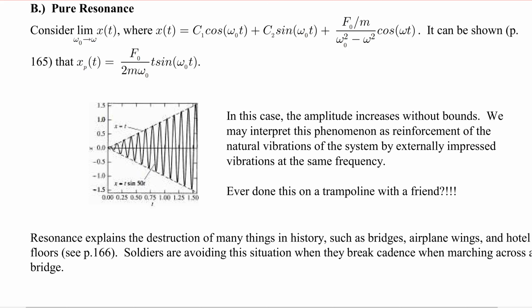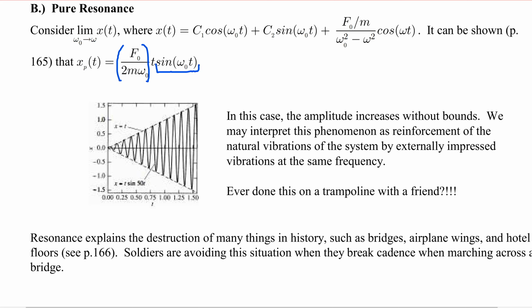So we're going to consider what happens as omega naught approaches omega in our solution x of t. Here we have our general solution that we derived on the first page. It can be shown, that means we're not going to do it here, but it's outlined in your text on page 165, that the particular term x sub p equals what we have here. What I want you to see, just look at the overall big picture, the bird's eye view. We have a constant here composed of several parameters, and we have a sine wave.